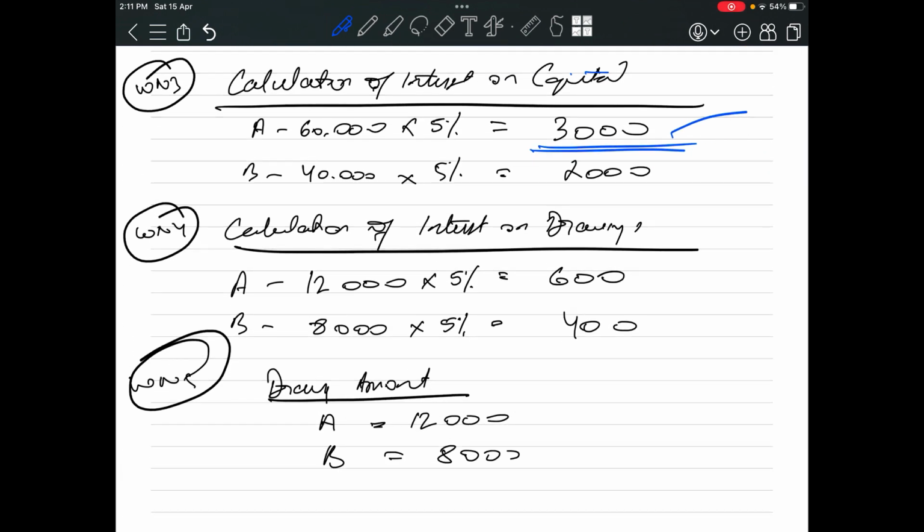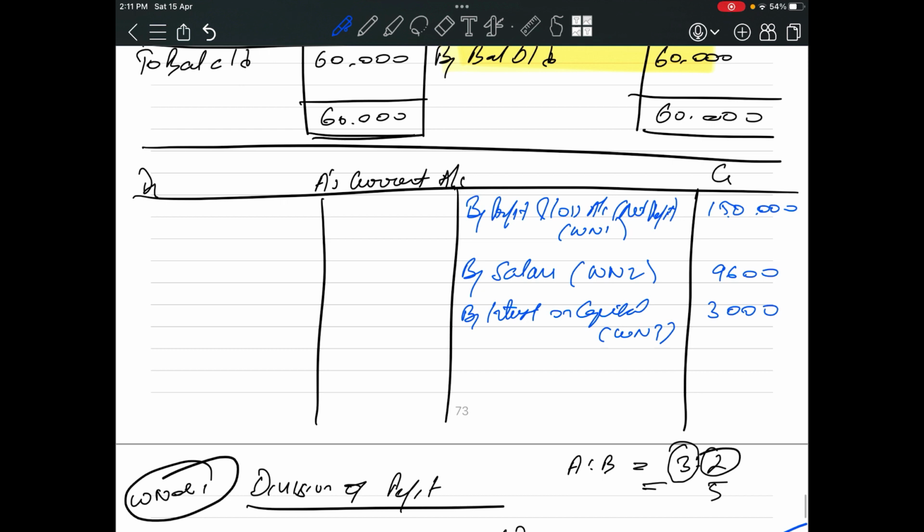Now, interest on drawings and drawings amount, these two we have to provide for. Drawings will reduce the balance of the partner's current account, right? So it will be written on the debit side: to drawings and to interest on drawings.